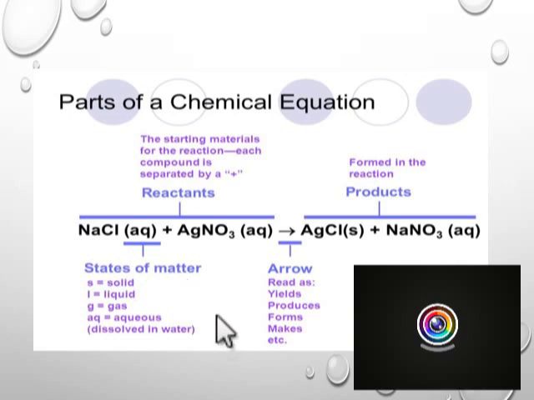So for states of matter, we know there are three main states: solid, liquid and gas. Here we have aqueous, which means we have dissolved this NaCl in water. From this arrow we come to know that it's a complete reaction, because we have a complete arrow. In a complete reaction, all the reactants are converted into products, and products do not make reactants again.